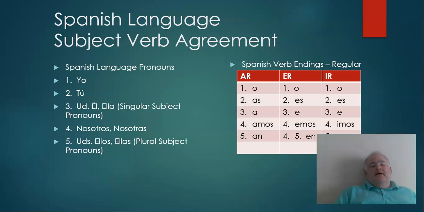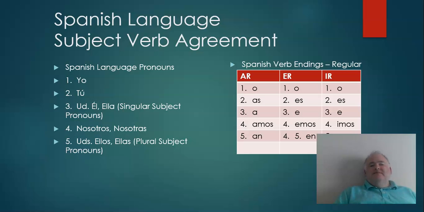And finally, I have a chart of our regular verb endings, the AR verb endings, the ER verb endings, and the IR verb endings. This lesson strictly focuses on the first column, our AR verb endings: O, AS, A, AMOS, and AN.